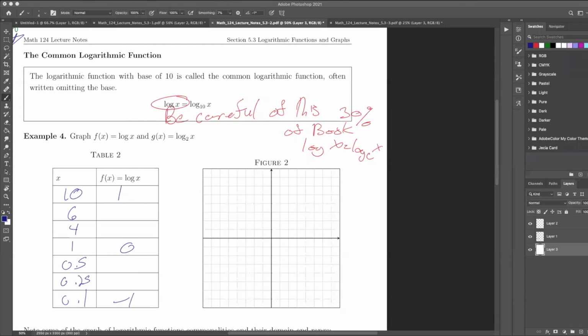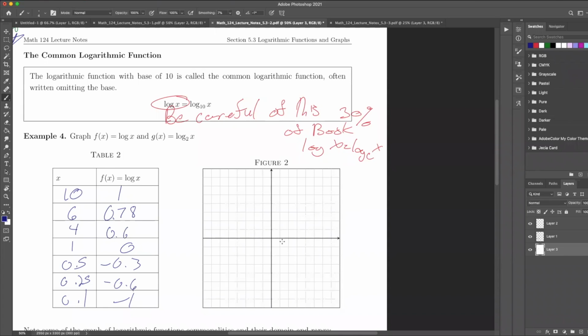So anyways, let's put in the data points real quick, and then I'm going to show you a whole bunch of graphs. Here we'll have 0.78, 0.6, minus 0.3, and minus 0.6.